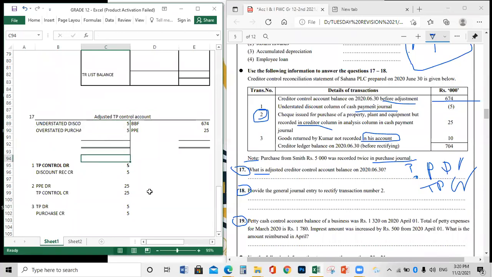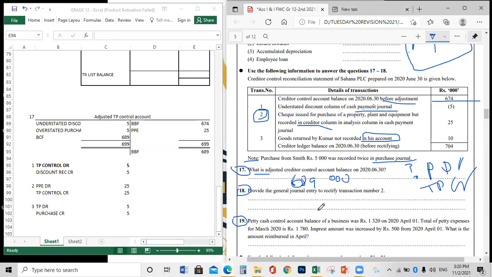By 5,000. Now, guys, we are done. All we have to do is get the closing balance. Now, see which is going to be the closing balance. So the closing balance is 689,000. The answer should be 689,000. 689,000 will be the correct answer.